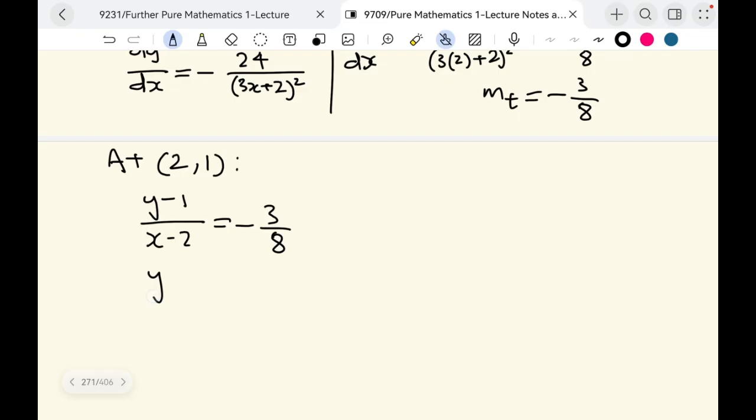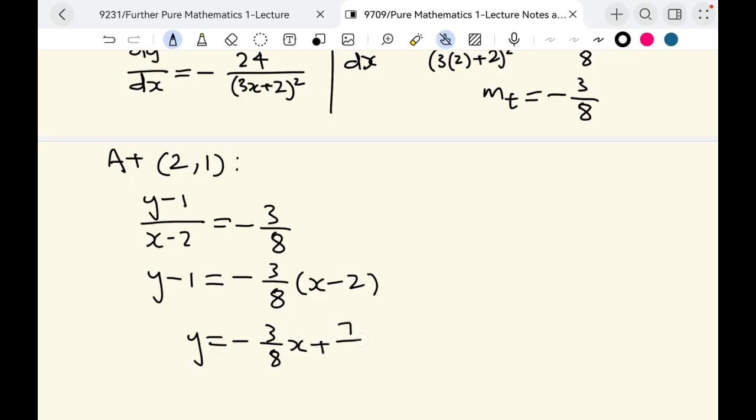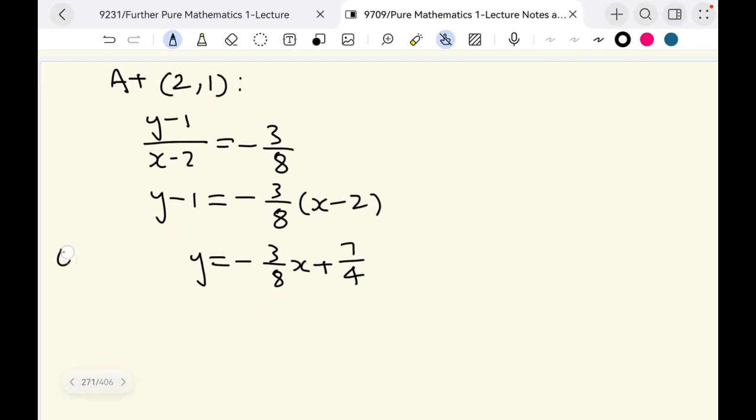So for me, I'll simplify into the intercept form. So this is the equation of the tangent. That's the answer for your equation of the tangent.